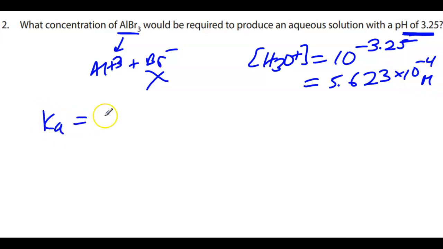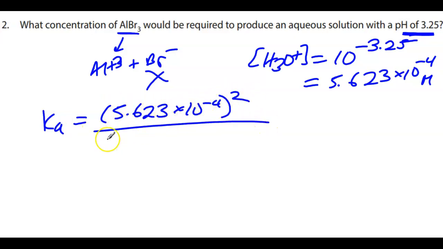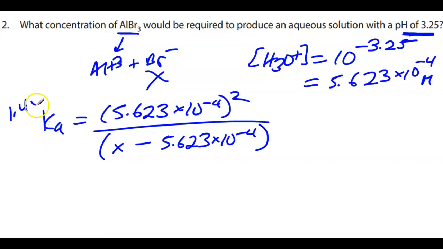So our Ka here is, of course, always our concentration squared over, in this case I'm using X as my initial because that's what I'm trying to solve for, right? We know what the difference is. And the Ka value from our orange chart for our hexaaqueo aluminum ion is 1.4 times 10 to the negative 5.